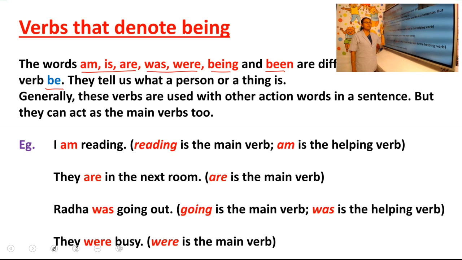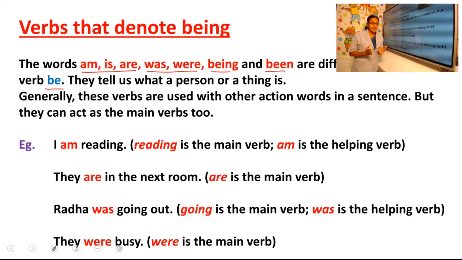We use am with I: I am. We use is with singular subjects: he is, the boy is. And we use are with plural subjects: they are, teachers are. And was and were we use in the past tense.